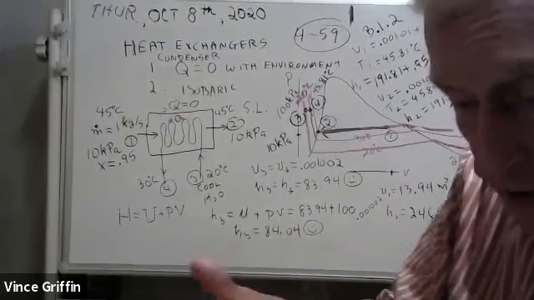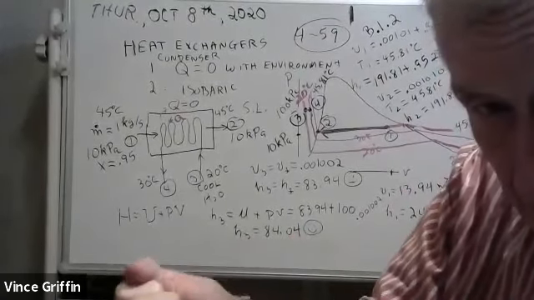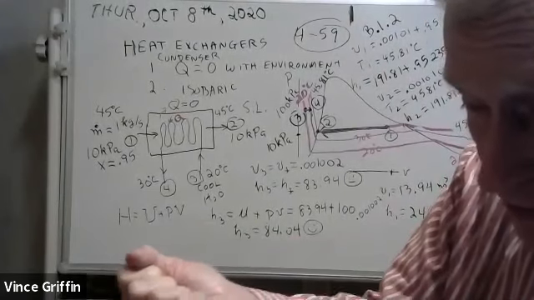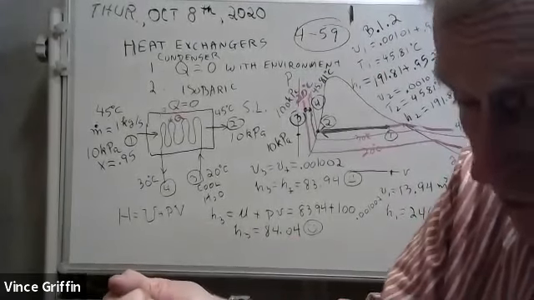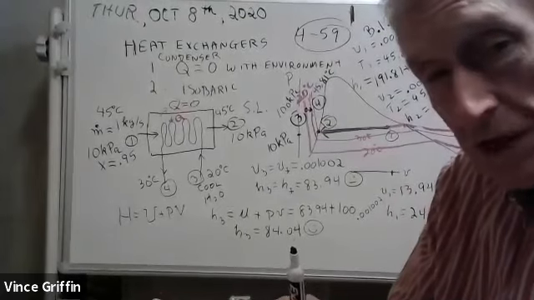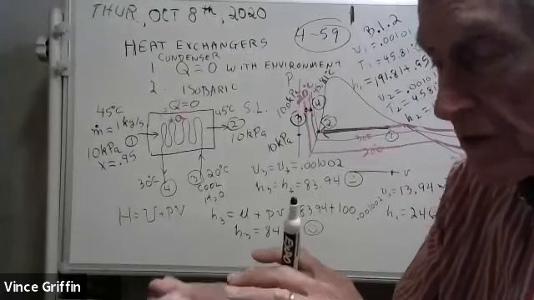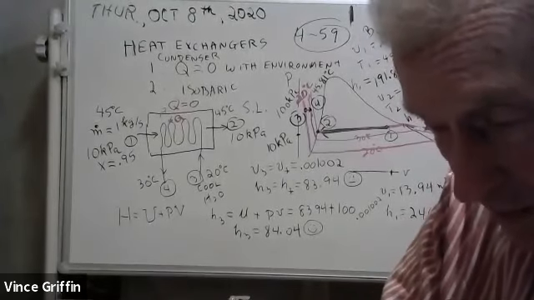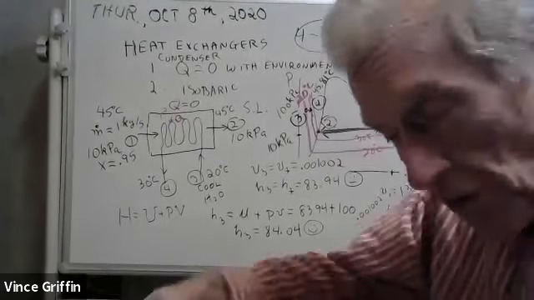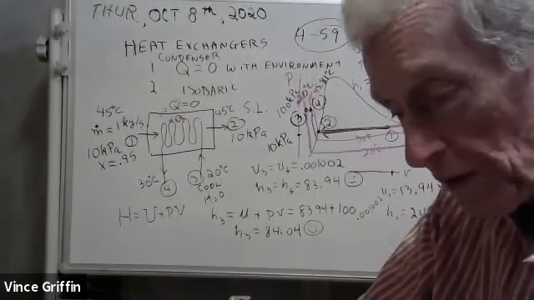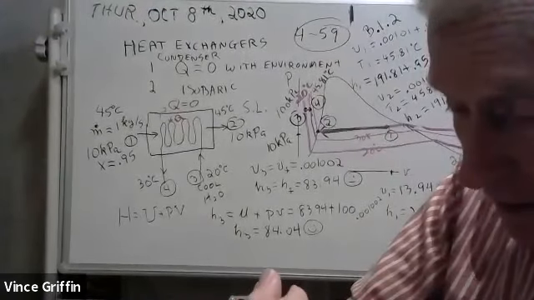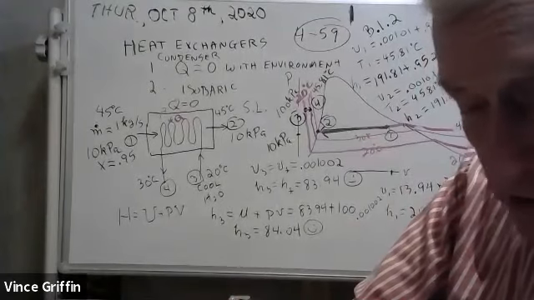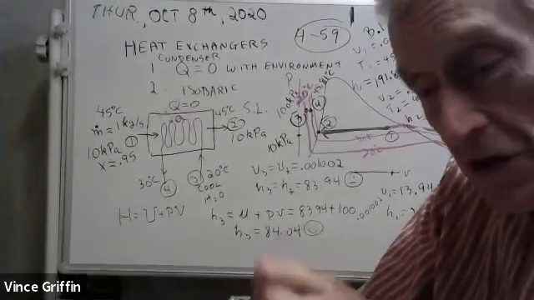Take a piece of ice, put it in your hand, and you can melt that ice, because there's a heat transfer from your warm hand to that ice, and it turns into water. But when you go the other way, when the water goes from liquid to ice, it gives off heat.